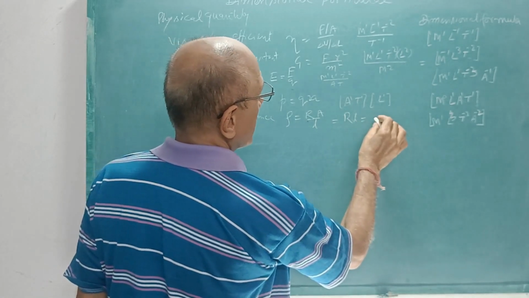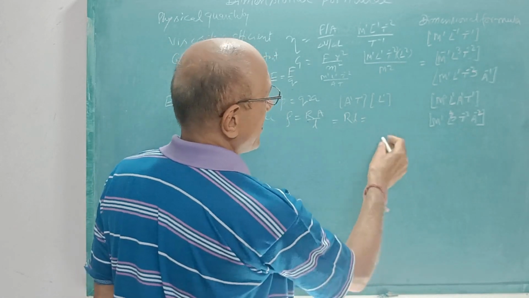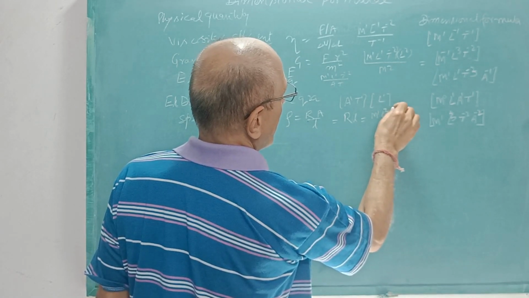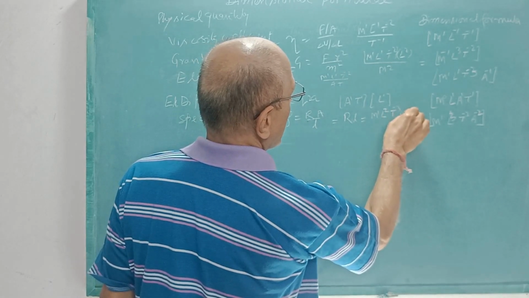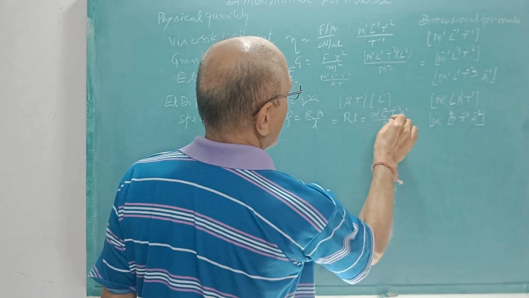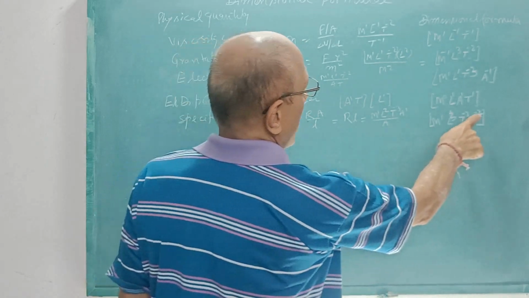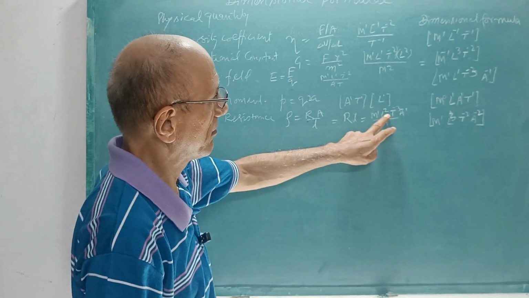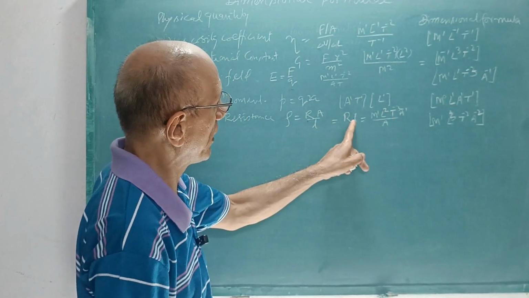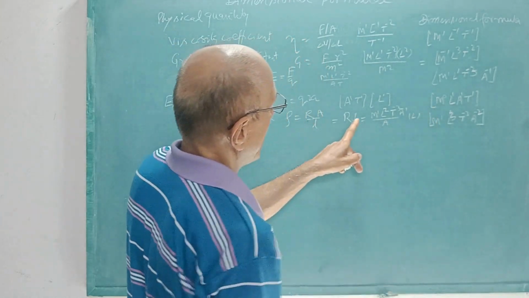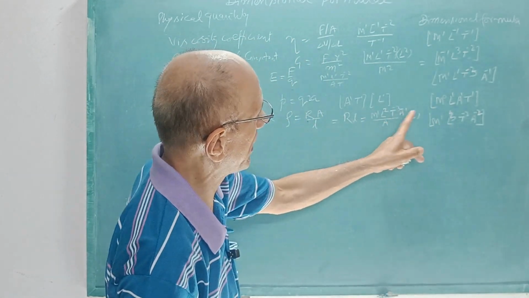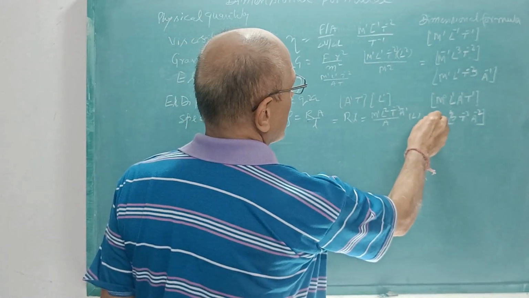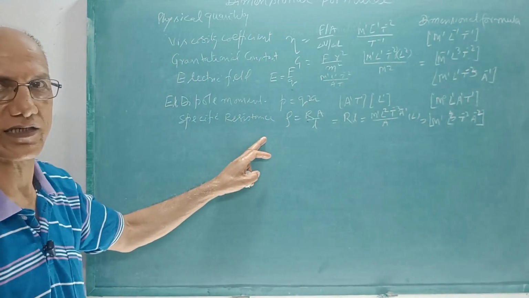The resistance was potential divided by current. Potential was M1 L2 T minus 3 A minus 1 divided by A. So this will be A minus 2. So M1 L3 T minus 3 and A minus 2. So this is the dimension of specific resistance.